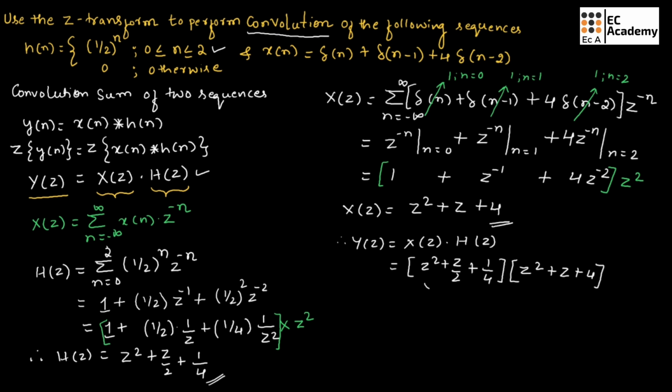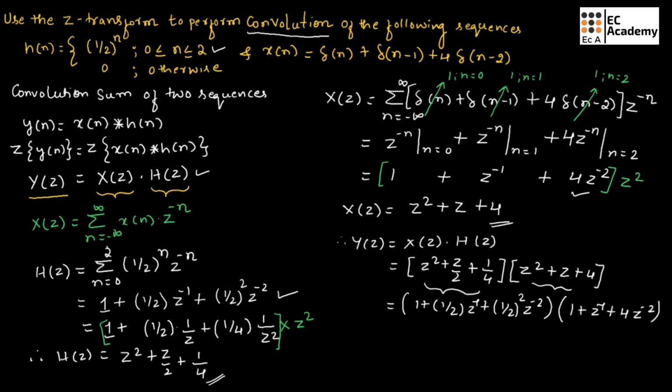So in place of this equation, we can write this equation: 1 plus (1/2) z inverse plus (1/2) square z to the power of minus 2, into, in place of this equation, 1 plus z inverse plus 4 z to the power of minus 2. We have written these two equations because it will be helpful for us to find y of n.